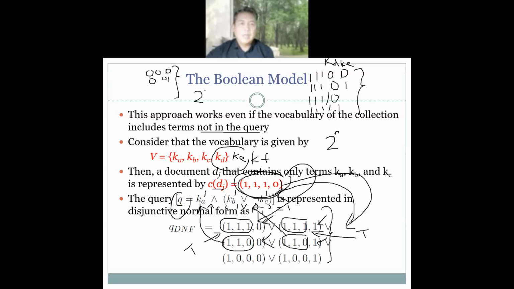This one is 2 to the power of 3, so you have 8 possibilities.